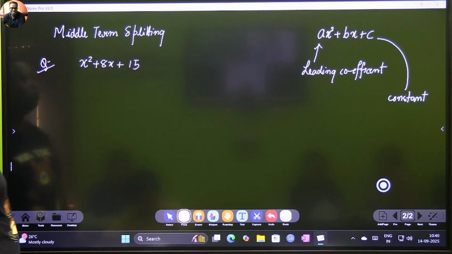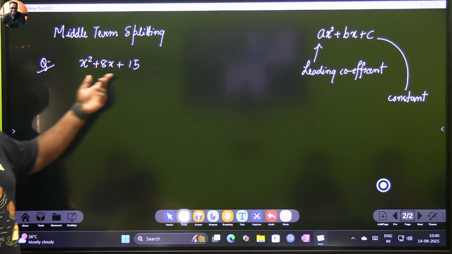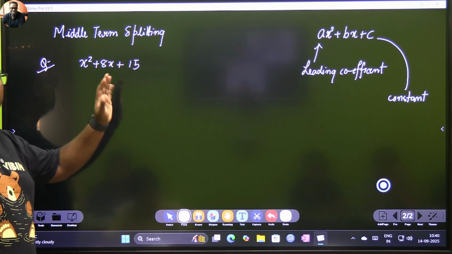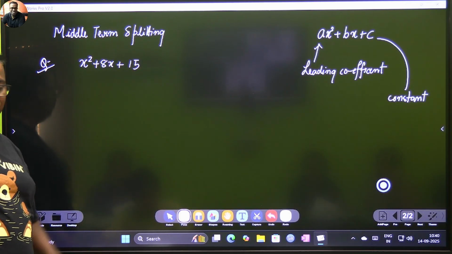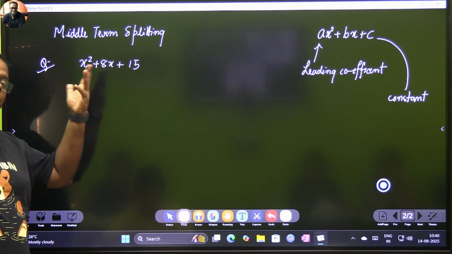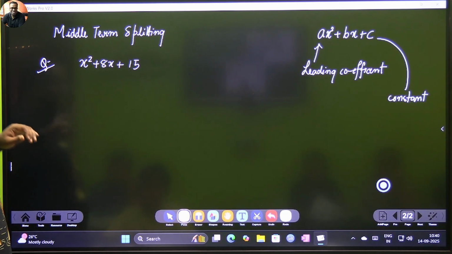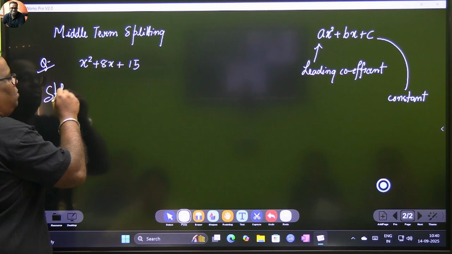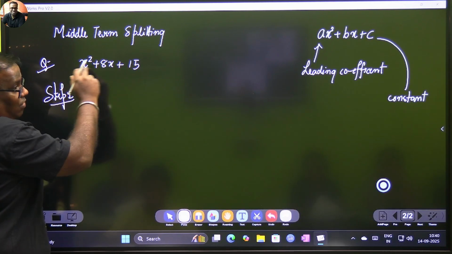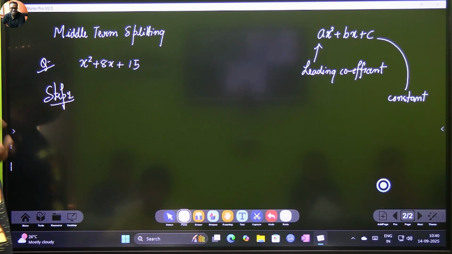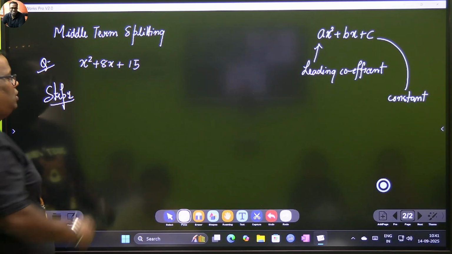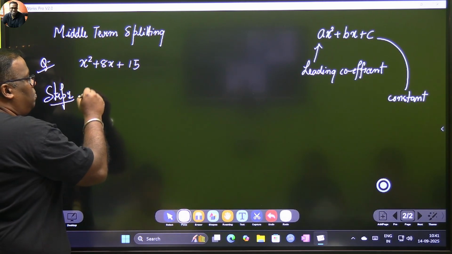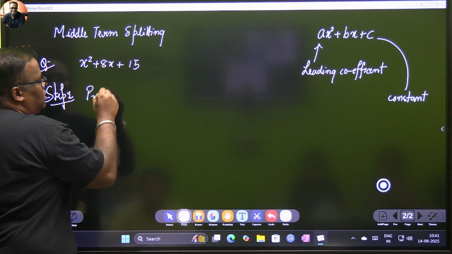Now, how do we solve such problems? This 15 is not a perfect square, so it's not a plus b whole square format. Not everyone will be middle term splittable, but the majority will be. Our first step will be to find a product.